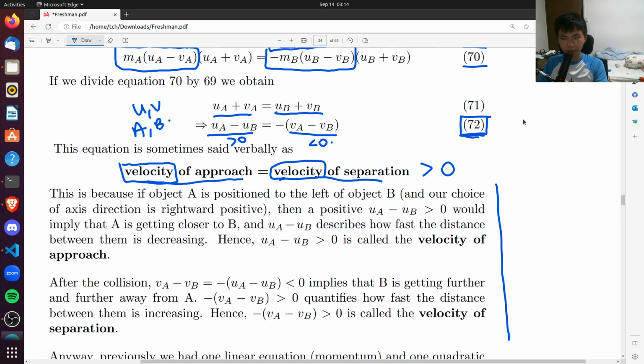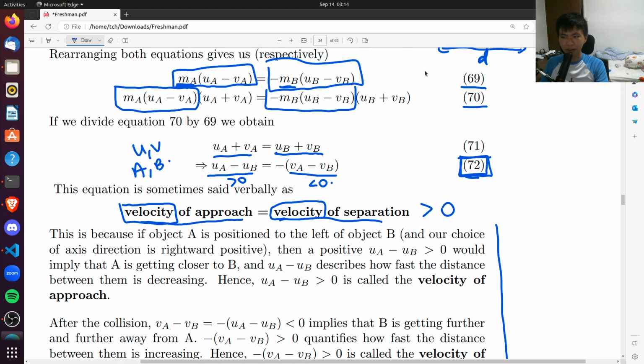We'll see soon that equation 72 can be derived using the center of momentum frame also, and it leads to a very elegant picture later on. But for now, we have derived equation 72 by taking the two conservation equations, one for momentum, one for energy, and dividing one by another.